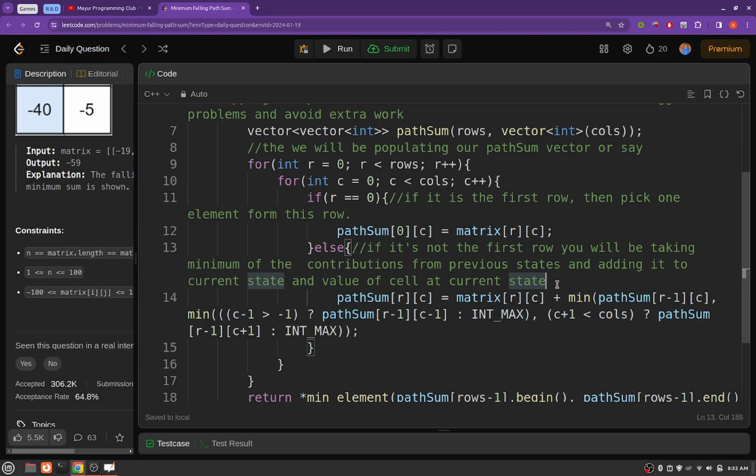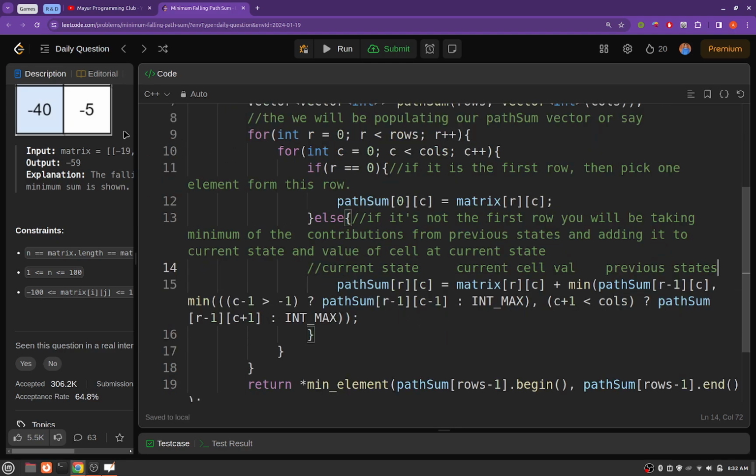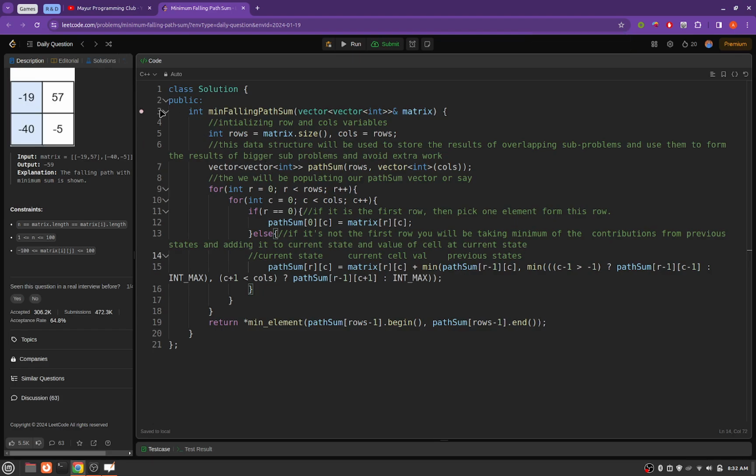Okay, so this is your current state, and this is your current cell value, and these are your previous states. Let me zoom out so that you will be able to see it more clearly.